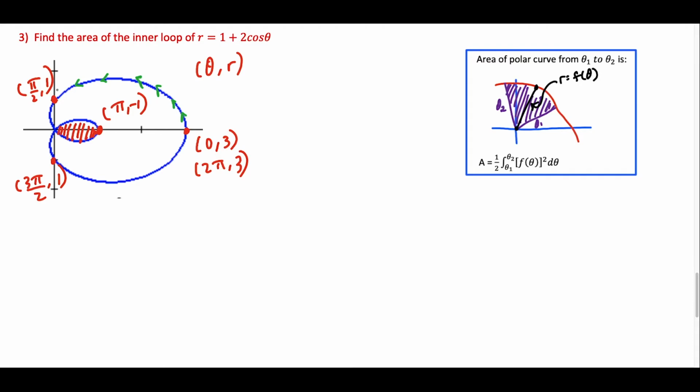And when it gets to pi over 2, 1, it's almost entering the loop. It enters the loop at some point between pi over 2 and pi. So it enters the loop, goes to the point pi, negative 1, then completes the loop, exits the loop again, and completes its full turn all the way around back to here.